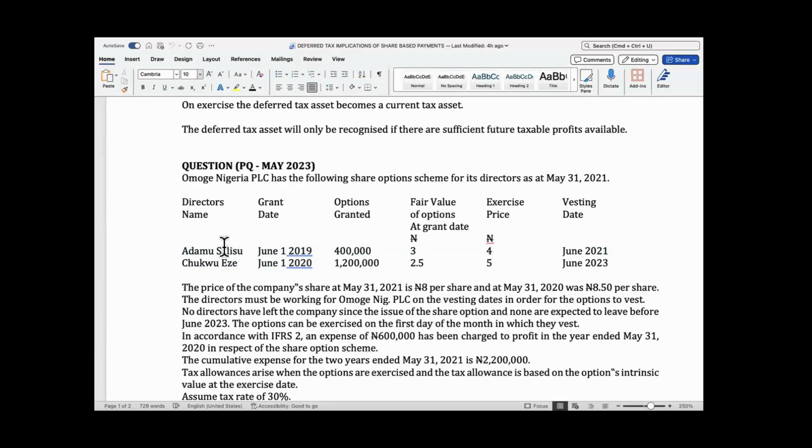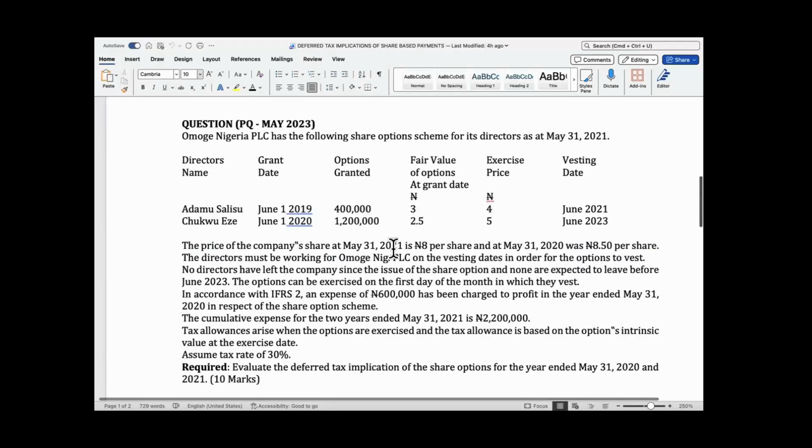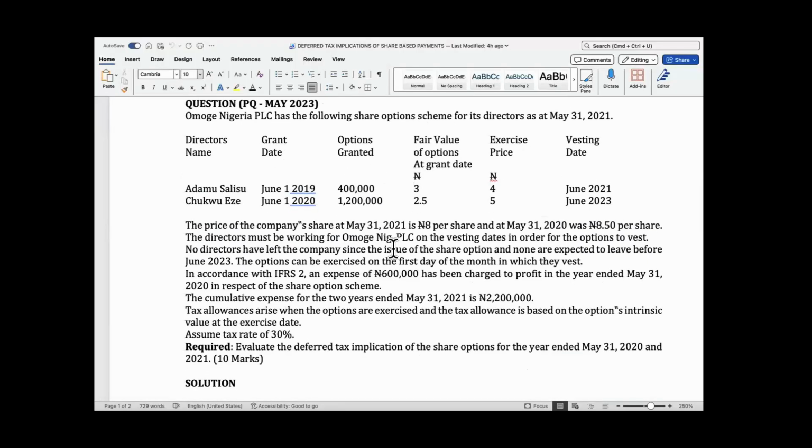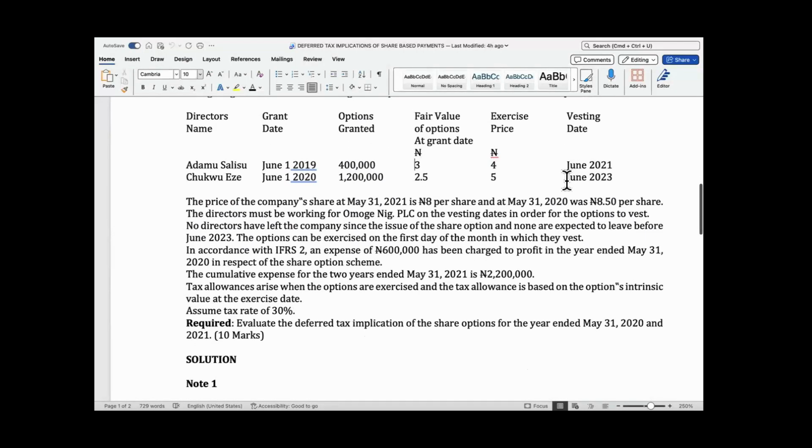So I just need to know that, based on what I issued to Adamu, what's the intrinsic value as at 2020? I was not given the intrinsic value directly, but as at 2020, I was given the share price, 8.5. I was given the exercise price, 4 naira. So it's market price minus exercise price that gives intrinsic value, which is 4.5.